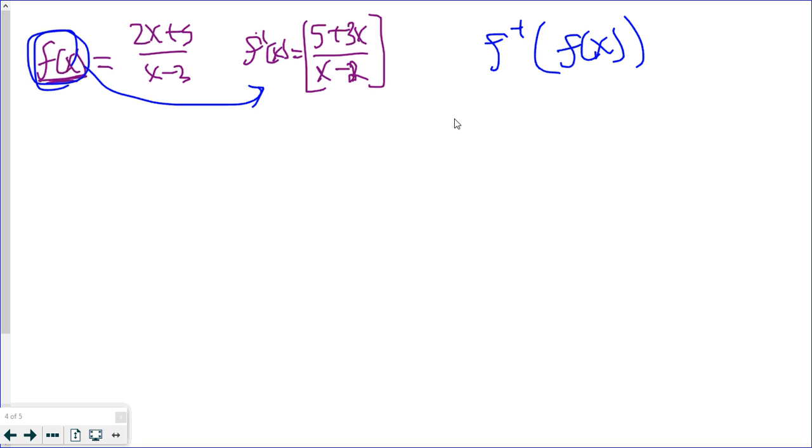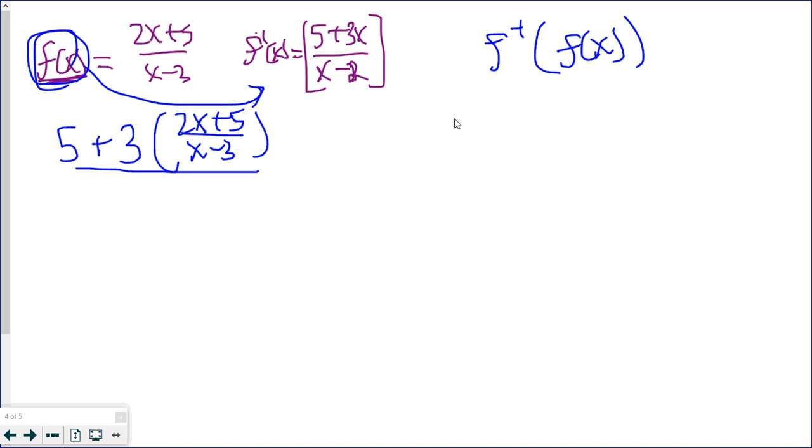Okay, so what that looks like is everywhere I see an x in the inverse function, I'm going to plug in the function 2x plus 5 over x minus 3, divided by, instead of x, it's going to be, again, 2x plus 5 over x minus 3 minus 2.